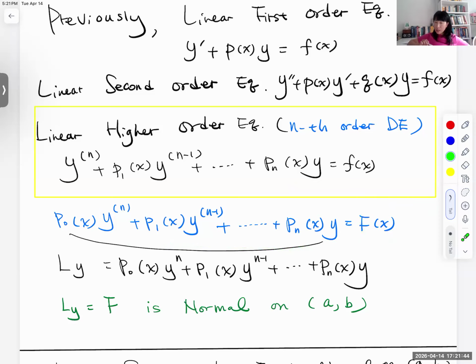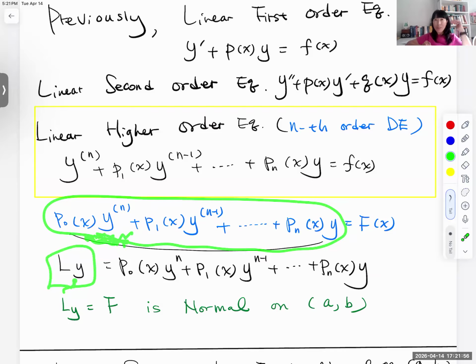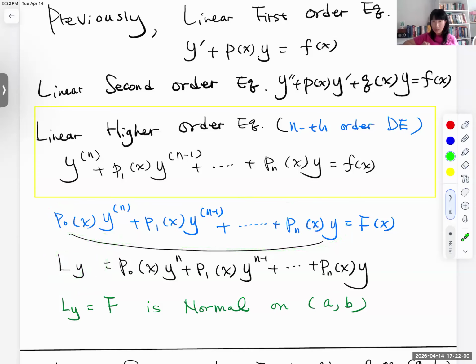Because the left-hand side is too long to write, we make it short as L sub y. We use the first letter, L for linear, for the higher order equation, so we have this form.